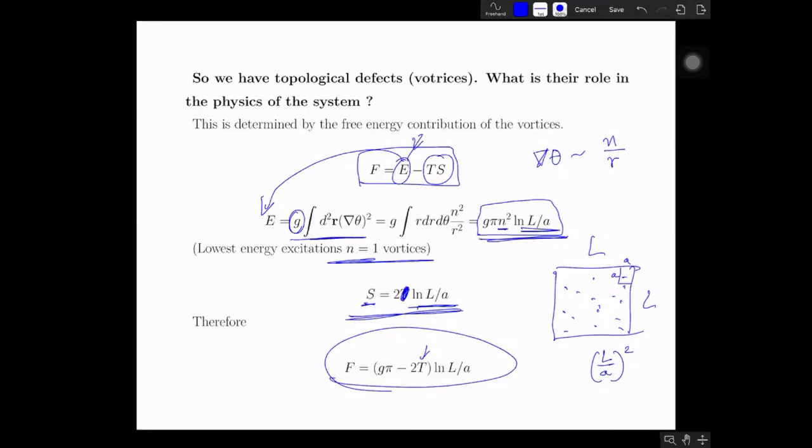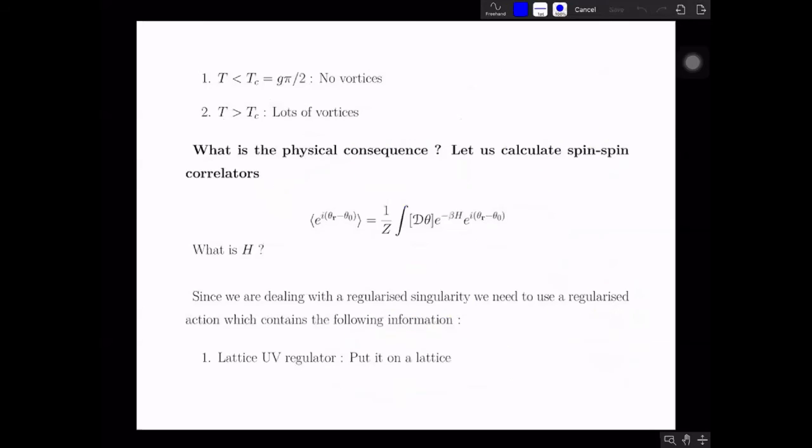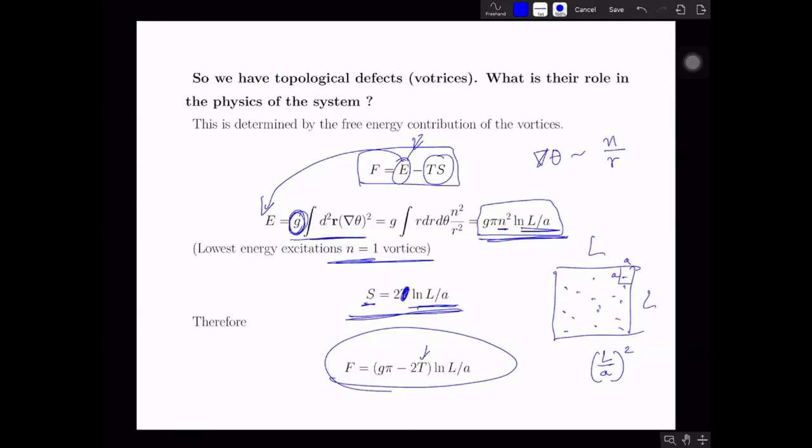I want to maximize entropy, and I want to have vortices all over. So the critical temperature is given by this. G, remember, is the spin coupling constant of the spins, some energy cost.